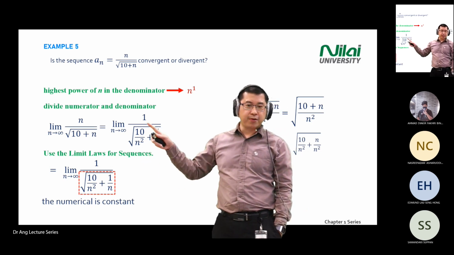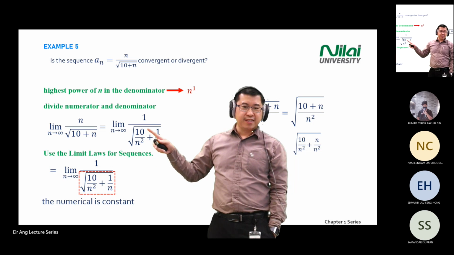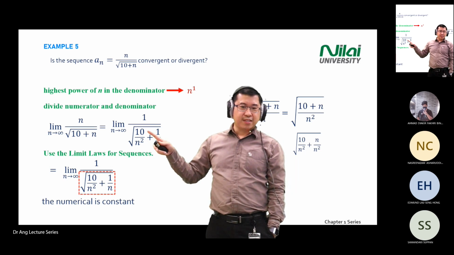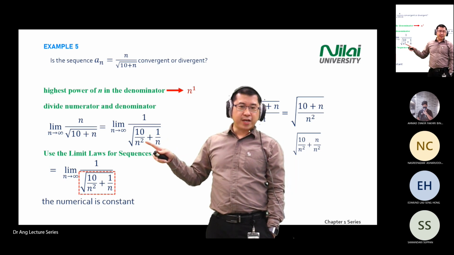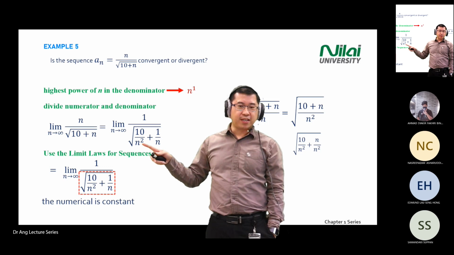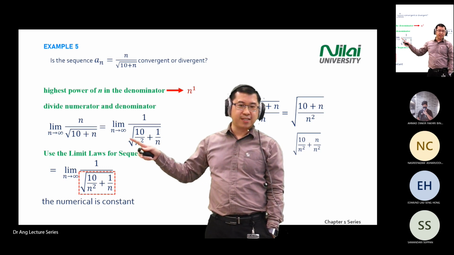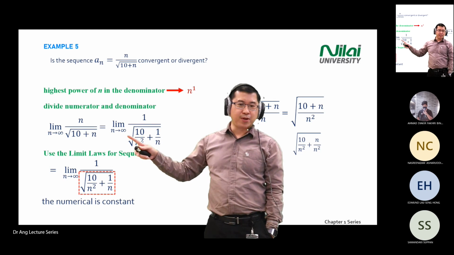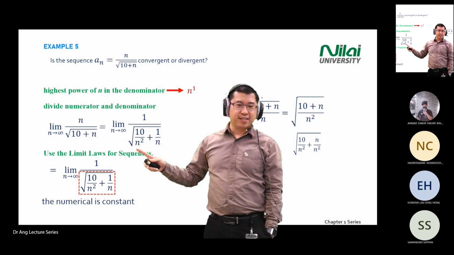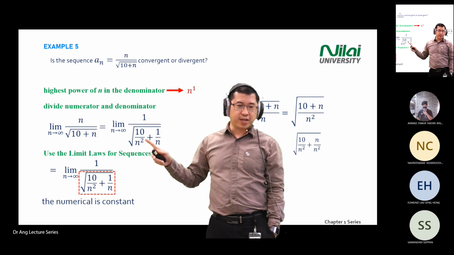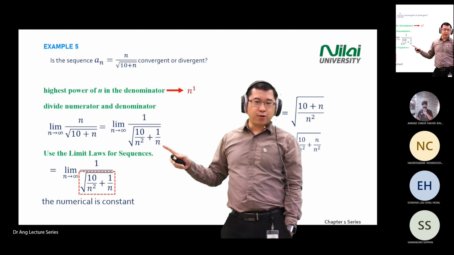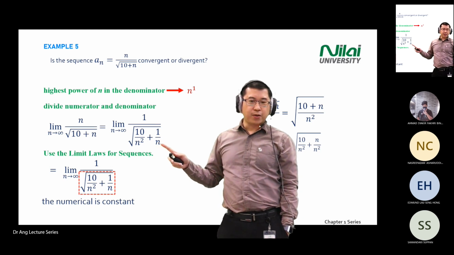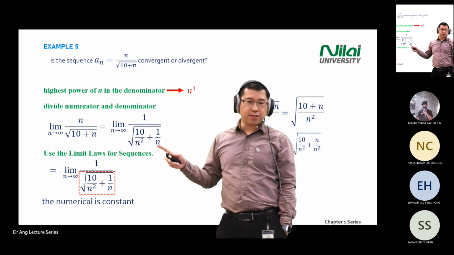It will near to what number? Shakir? 10 divided by n squared, and the n is increasing to infinity. What number do you think it will stabilize at? 0, correct. Plus 1 over n, same concept. You increase the n up to infinity, you get 0.